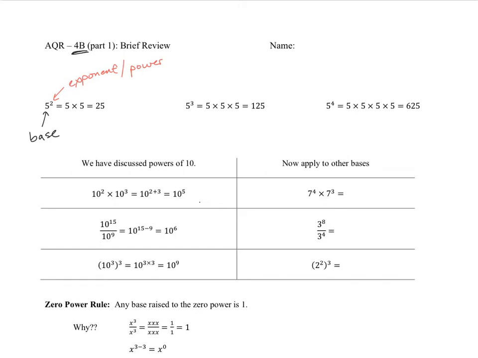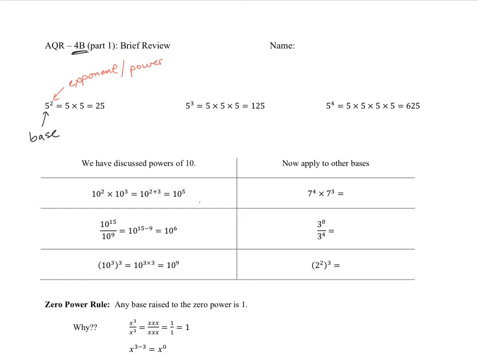So this would be 5 to the second power, and all that's telling you to do is to multiply two factors of 5. Boom, boom, 5 times 5. Similarly here, this would be 5 to the third power. So we would be multiplying 3 factors of 5. 1, 2, 3. And very similar case over here.